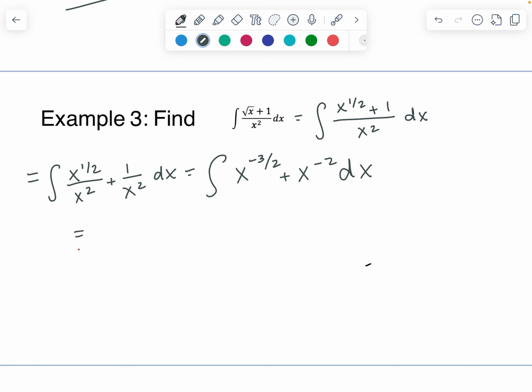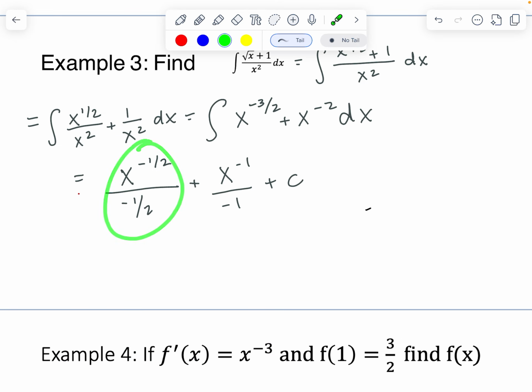Now I can actually do antiderivative rules. So x to the negative 3/2 power, I'm adding 1 to that, so that will make it x to the negative 1/2 power. And then I divide by that exponent as well. If I add 1 to this, I'll get x to the negative 1 power all over negative 1, and then I'm adding c.